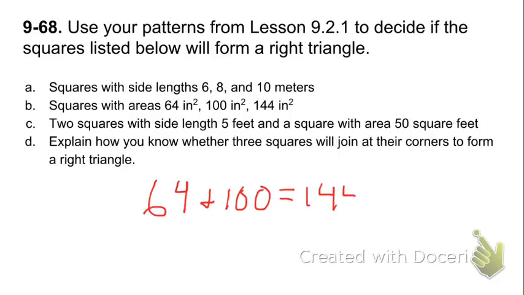So if I add these up, 64 plus 100, would it equal 144? No. So it would not be a right triangle. In fact, that would be greater than. Because the sum would be greater than, we actually know this would be acute.